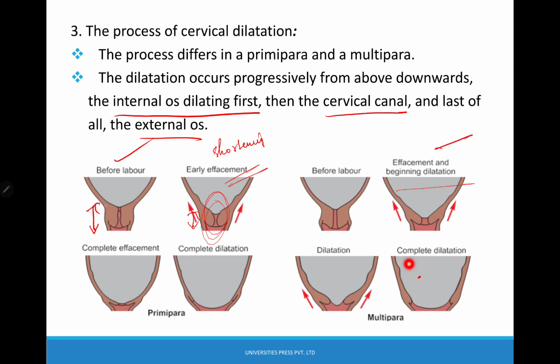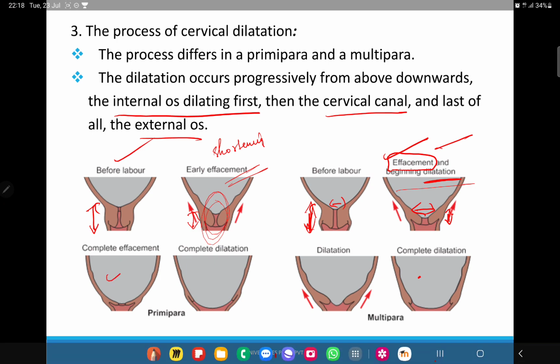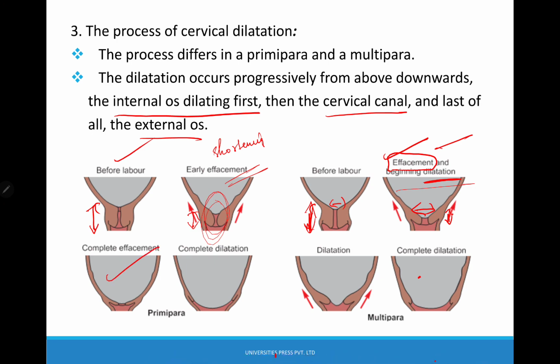Just look, the cervix length is very shortened and the width is more, so there is both effacement, that is cervical shortening, along with dilatation. This is complete effacement in a primipara, whereas in a multipara the complete dilatation is going to be like this.